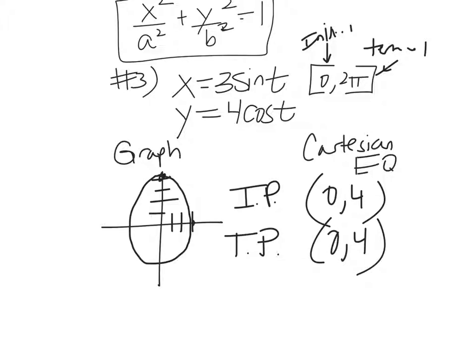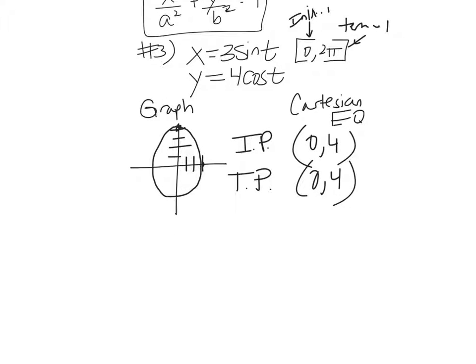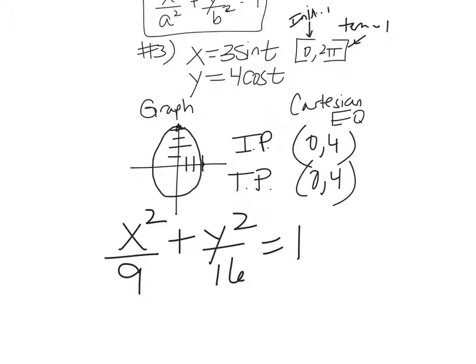Exactly. So let's go ahead and write this as a Cartesian equation. This would be x squared over 9 plus y squared over 16 equals 1. I know a lot of you haven't had conics since Algebra 2.